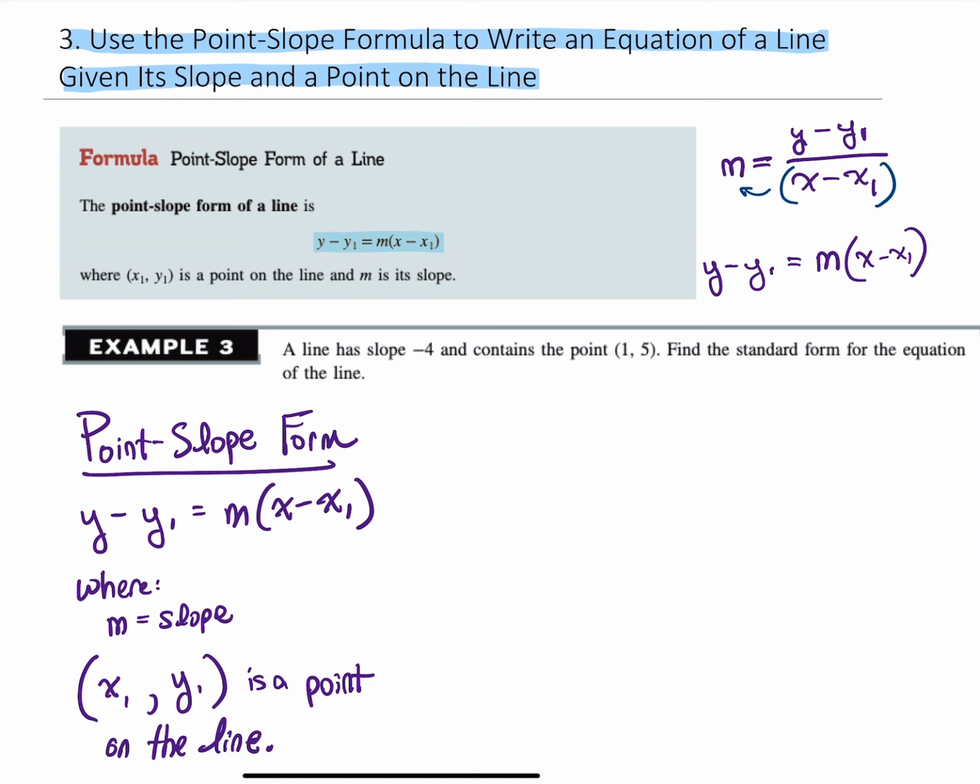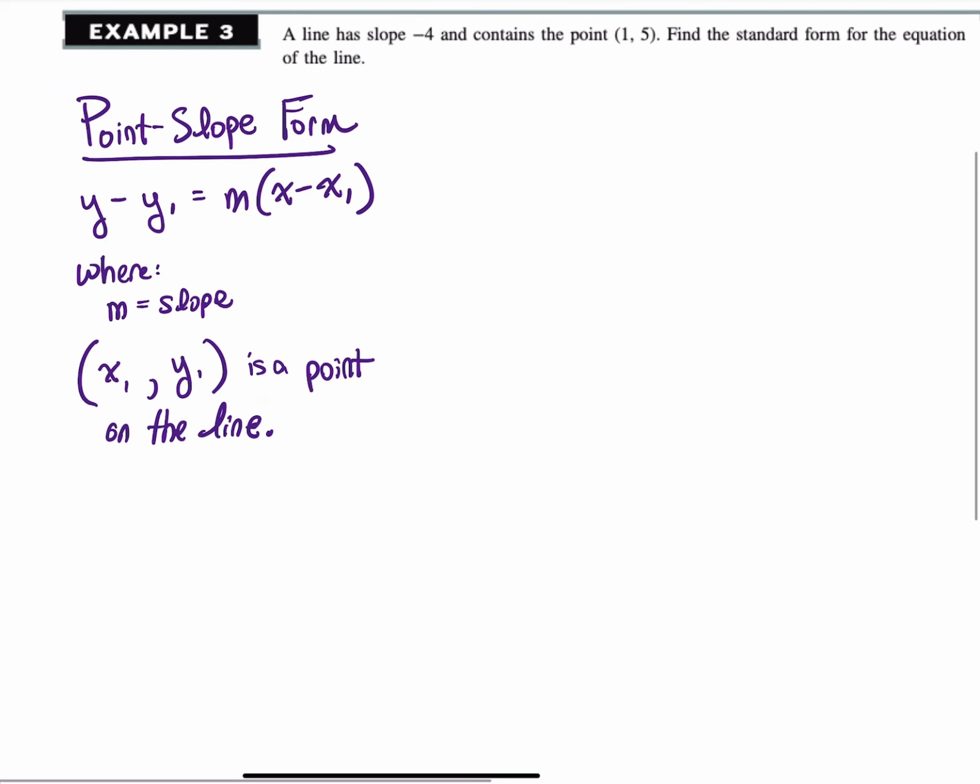So it's really just re-expressing that slope formula, the slope between two points, and leaving one point general and using the other point. So in this equation, you don't plug anything into that y or this x, just the m, the y1, and the x1. So let's see this example, and it'll make a little more sense.